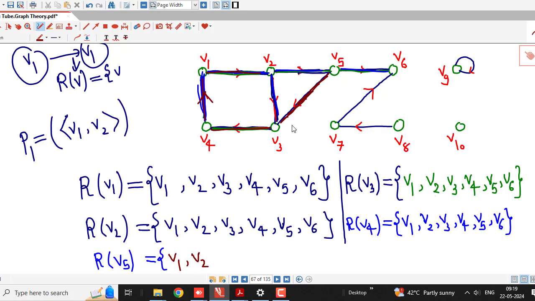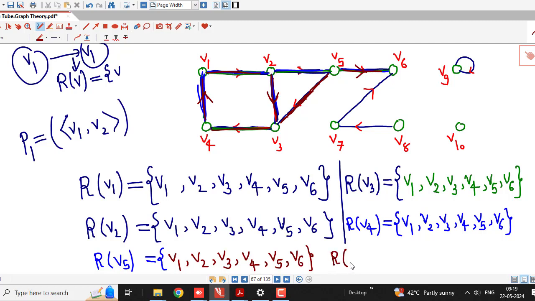So we include v2, and if we go in this direction, first we go from v5 to v3, then v3 to v4, v4 to v1, v1 to v2, and then v2 to v3. Then we have a path from v5 to v3 also, and for v5 to v4 we have these two edges in the path. v4 is also reachable from v5, v5 is reachable from itself, v6 is also reachable from v5, and no other vertices are reachable from v5.